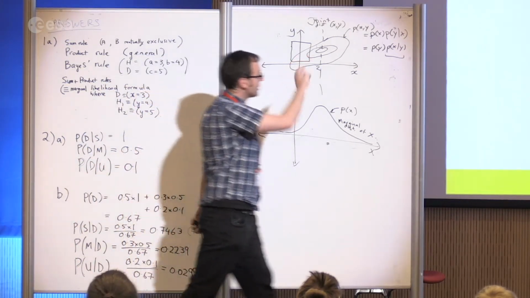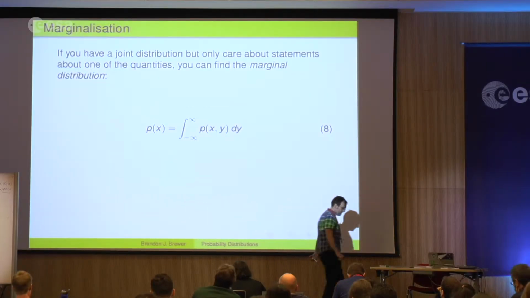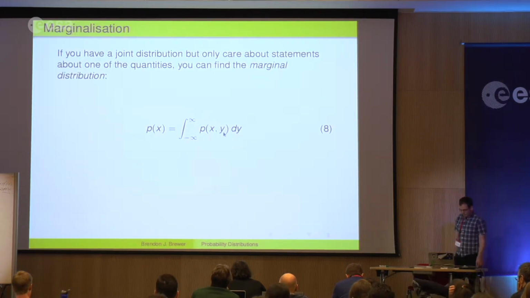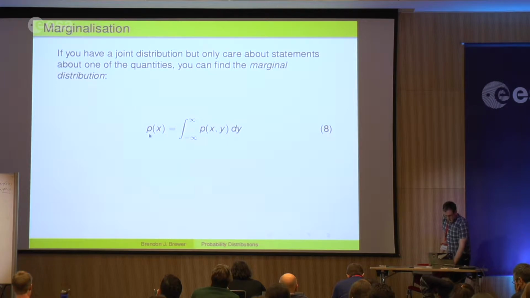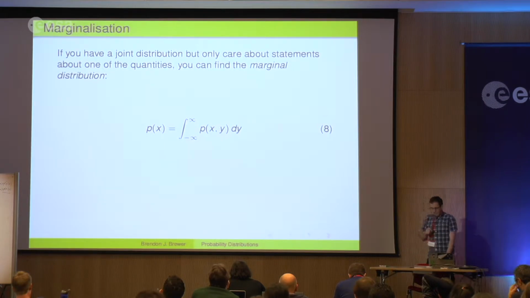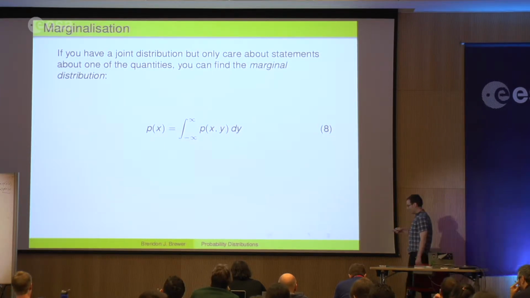But what you can do is what's written on the slide here. This is called marginalisation, and it comes from the sum rule of probability theory. One way of seeing that is if I have x and y, and I consider the proposition that x equals 3, then that's the same thing as the proposition that x equals 3 and y equals 0, or x equals 3 and y equals 0.1, or x equals 3 and y equals 0.2.